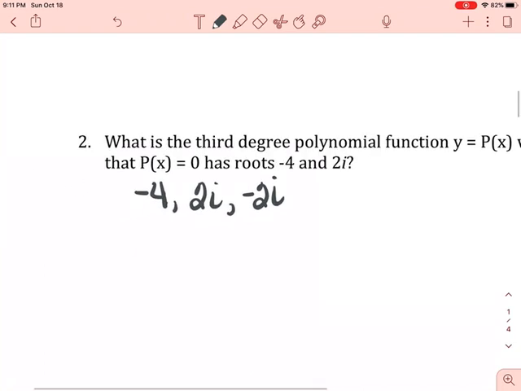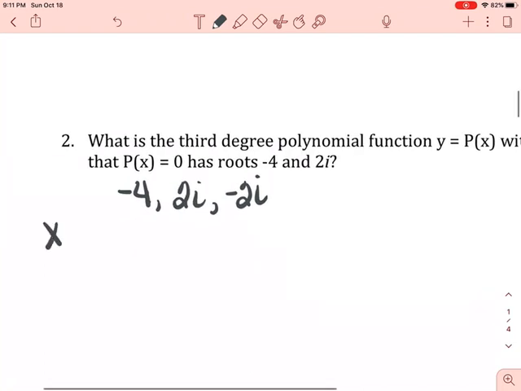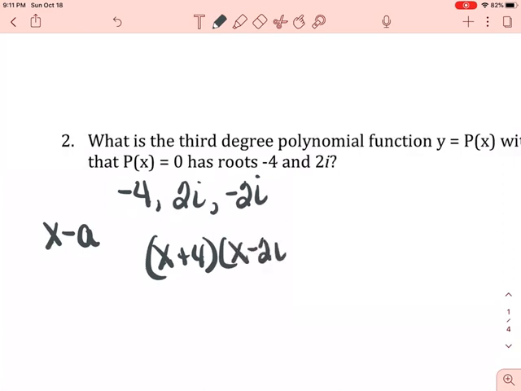Now we're going to build the polynomial, which means we're using the x minus a kind of form, and a is our roots. Okay, so we're going to have x plus 4, because remember when we put it in, it's going to change the sign, x minus 2i, and x plus 2i.